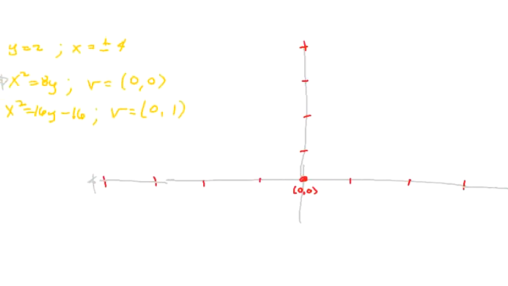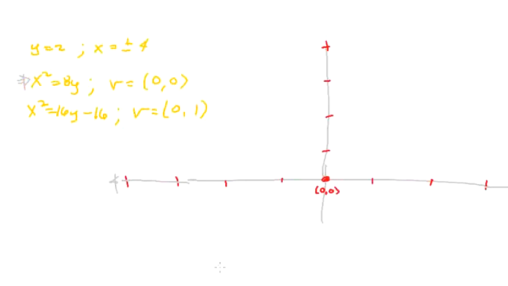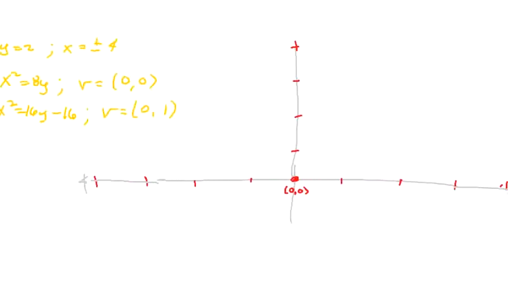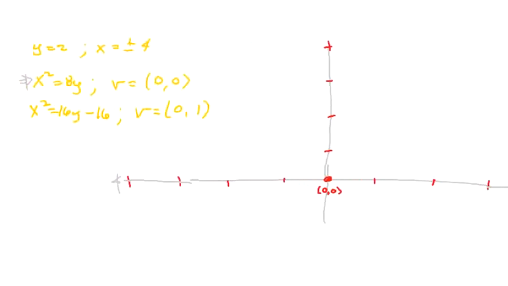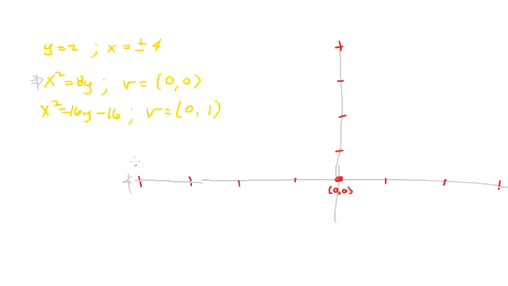We have 0, 0. We also have 2, 4, and 2. So our positive 4 is this one. Then our y is 2. We have this 4, positive 2, as well as on this side we have negative 4, 2. This point here is negative 4, 2.